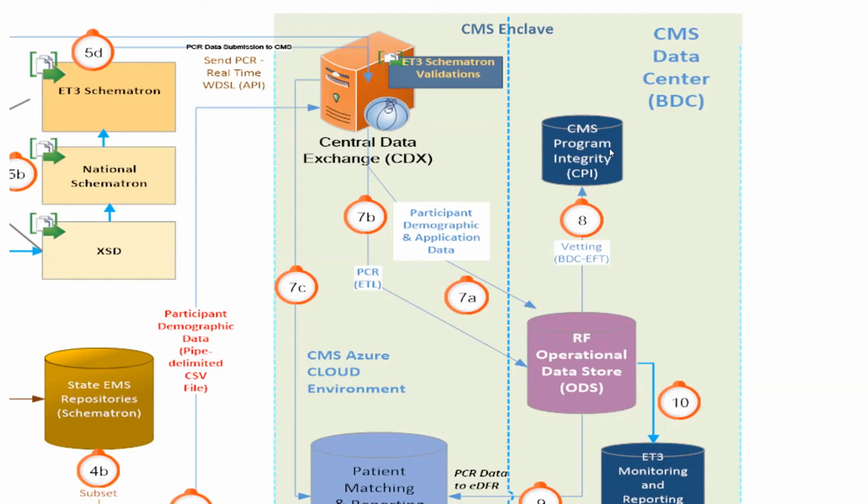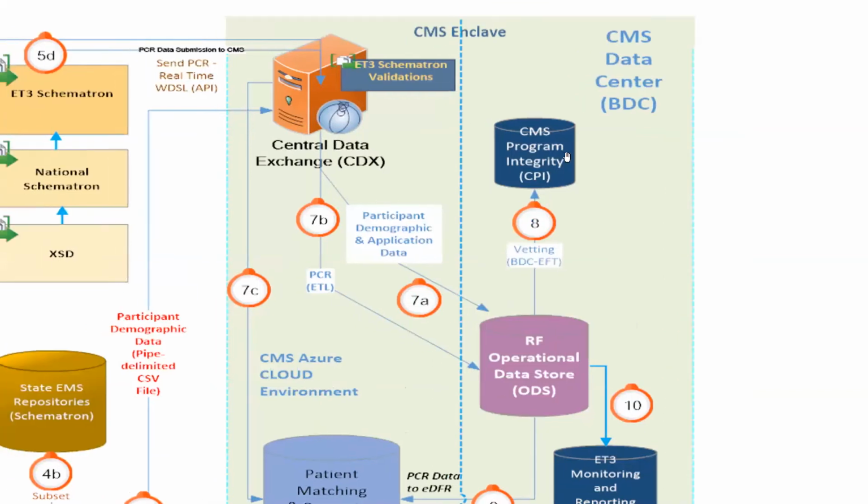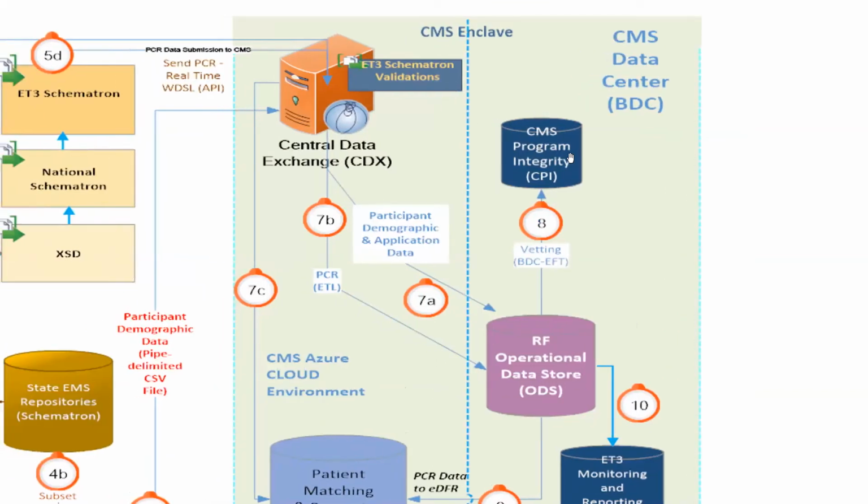As a matter of fact, all the data that I've mentioned up until now, application data, participant demographic data, and PCR data, will all flow into the Central Data Exchange. And there is a box up here, as you see, that indicates that the same validations that we did on the vendor side for data that is being submitted are going to happen also on the CDX side.